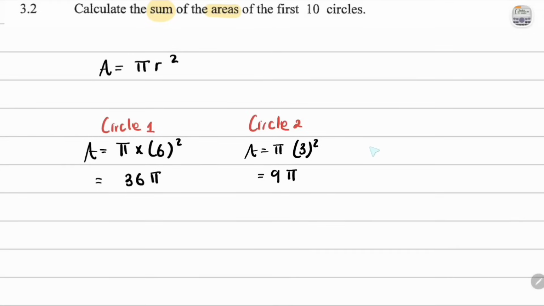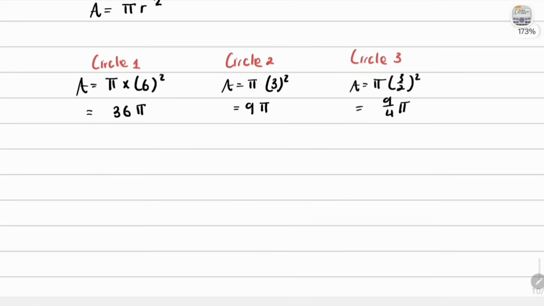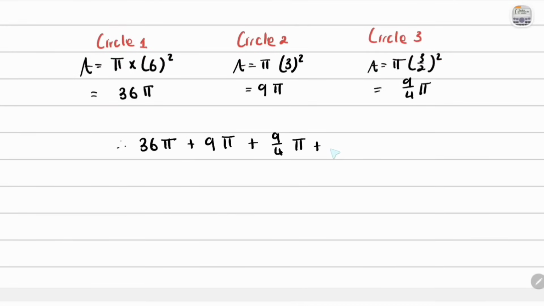And then the third one would be pi times 3 over 2 squared, which is just equal to 9 over 4 pi. And these will keep going. So that's what our pattern would look like: 36 pi plus 9 pi plus 9 over 4 pi, and this will keep going until the 10th circle.